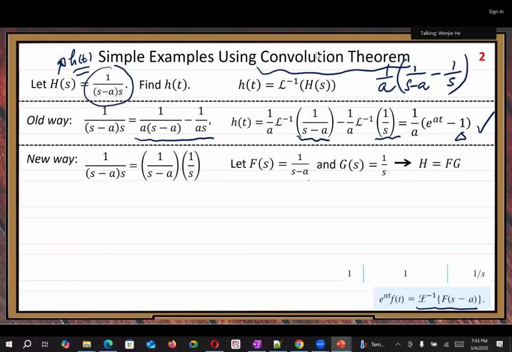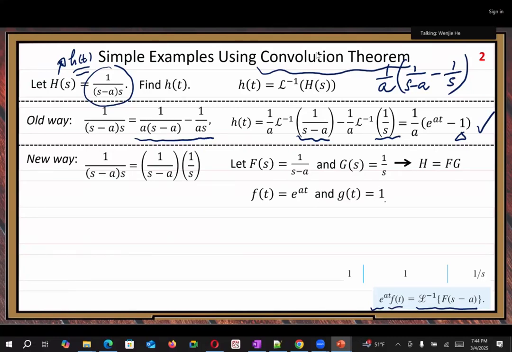Inverse Laplace transform: H equals F times G. For little f, you apply the first shifting theorem, because f of t is 1. Then the g function is just 1.